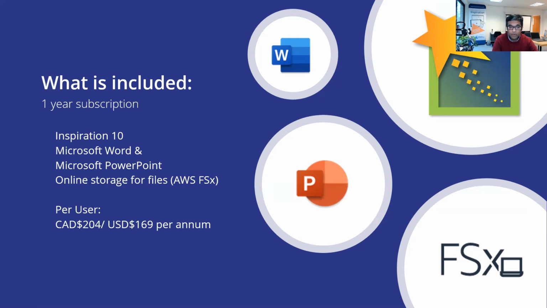It is different to our Inspiration 10 Windows license, because that's a license that you install onto your own device, and it's a perpetual license if it's a single user, and we have different combinations for site licenses, etc. But this solution is a service, and as part of that we've got Word, we've got PowerPoint, we're offering online storage. So that's why there is a difference in terms of the pricing model.